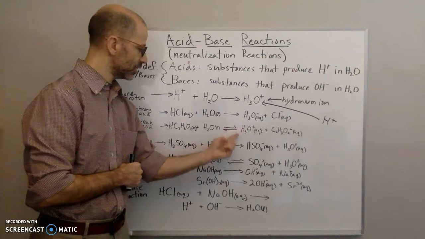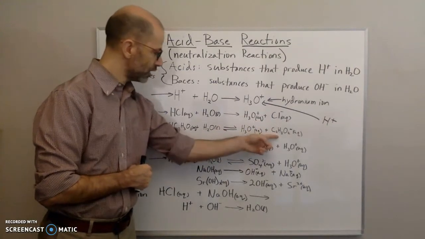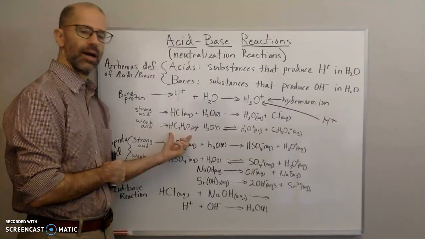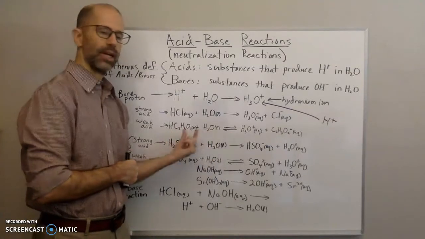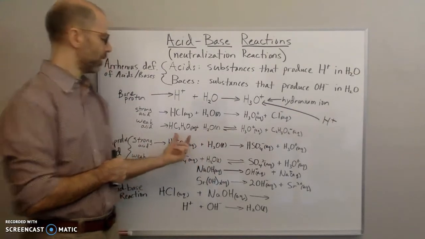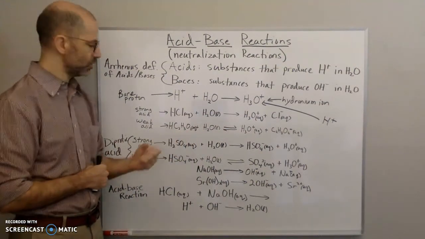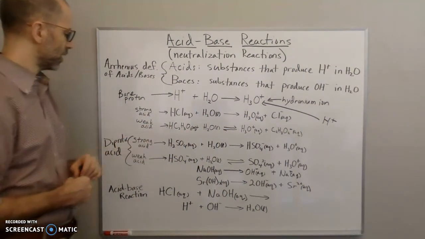So the hydrogen is going to be taken back to the acetate ion to reform your acetic acid. So this is going back in equilibrium, but most of the species is going to be in this form. So that's what's happening with a weak acid.